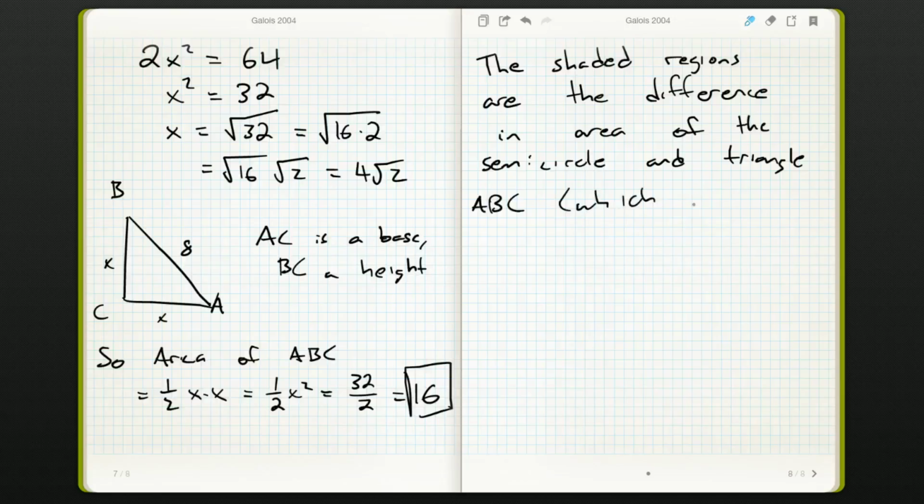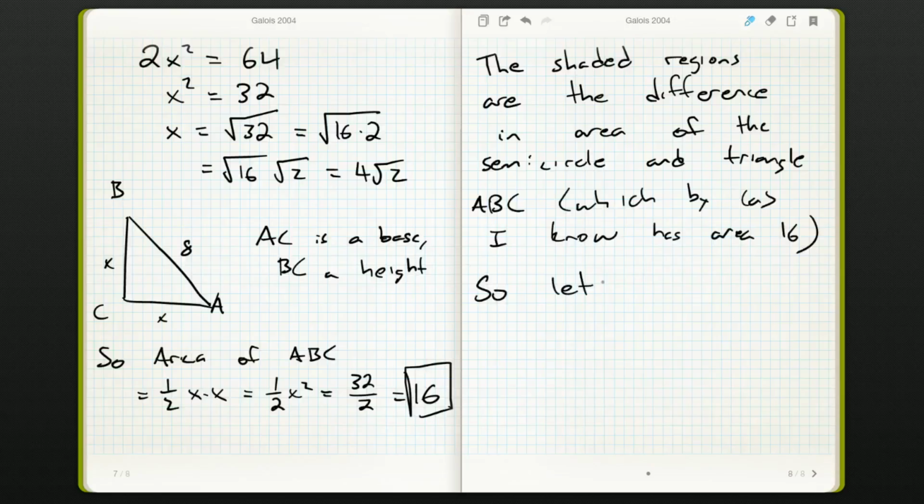And I'll just remind them which, by part A, I know has area 16. That way I don't need to recalculate that. I'll just say, I know this, it was in part A, go check if you don't believe me. This is the number I'm working with.